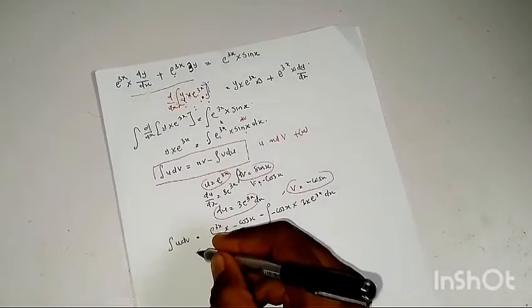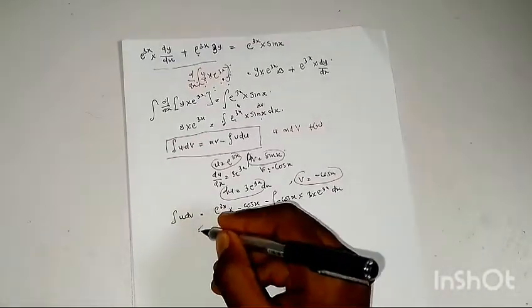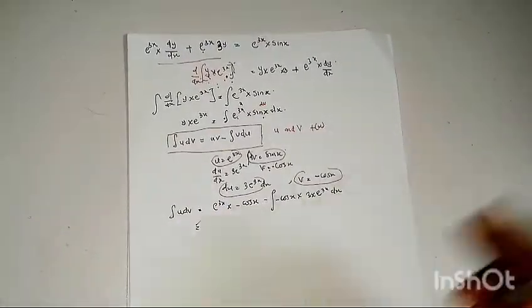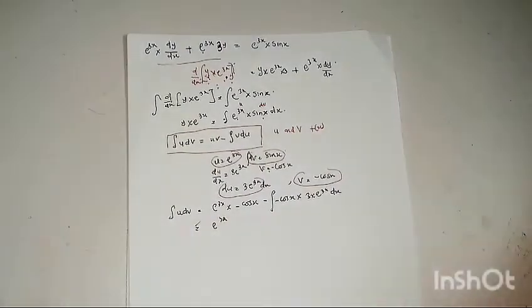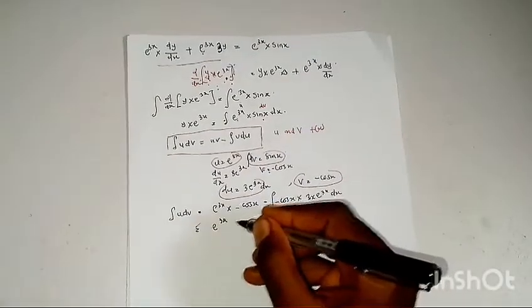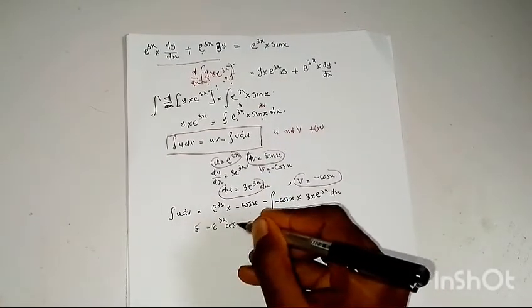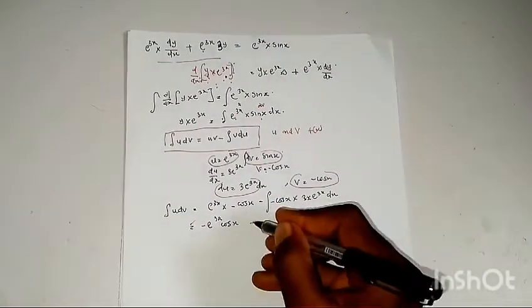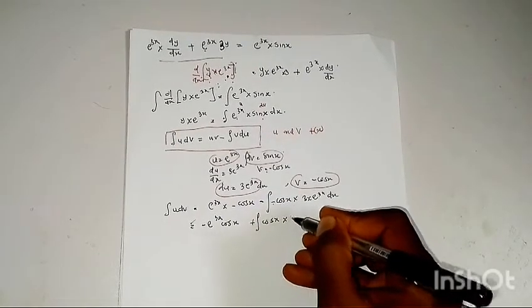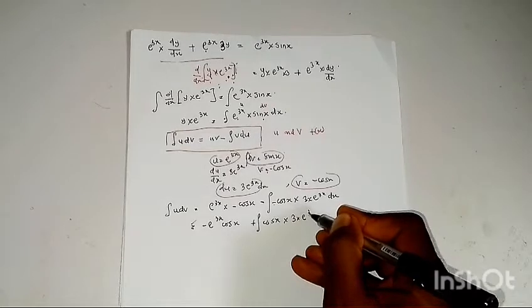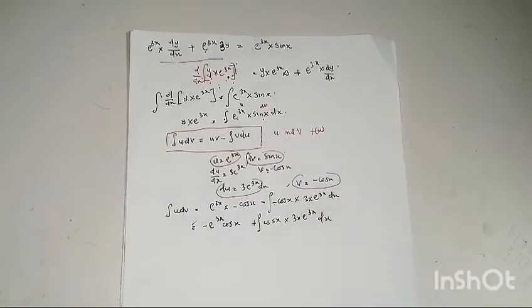So this gives me minus exponential 3x cos x, plus, minus times minus being plus, the integral of cos x times 3 exponential 3x dx.